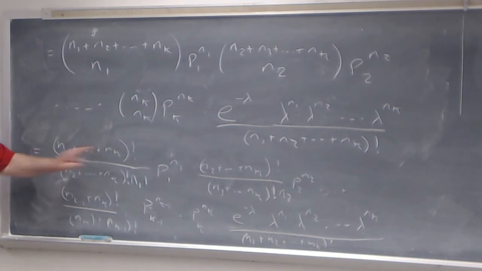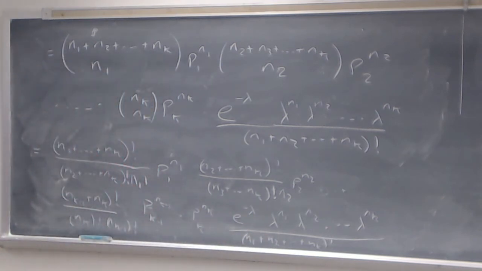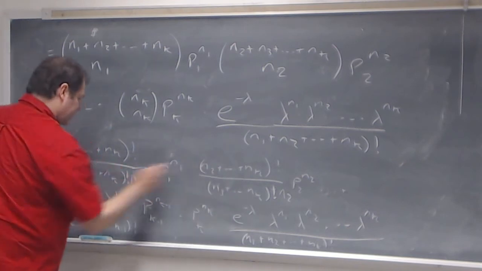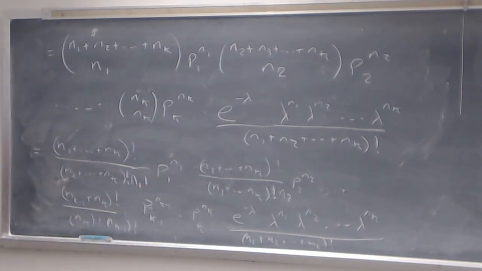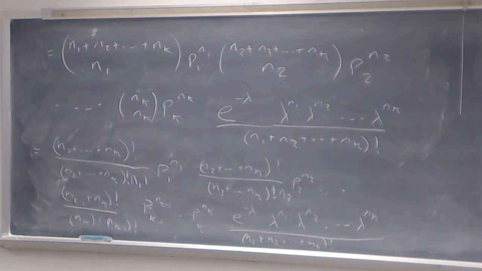This n sub 1 all the way up to n sub k added factorial appears in the denominator and also in the numerator. The n sub 2 plus n sub k factorial likewise cancels. And so what we're left with are these n sub 1 factorials, all the way up to this last two.